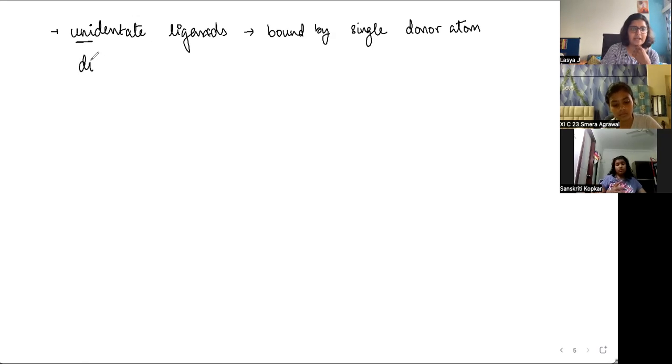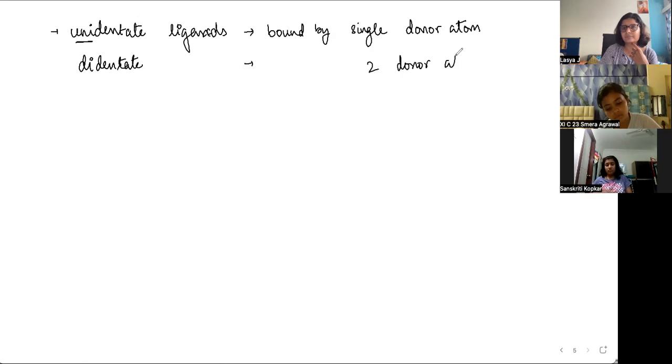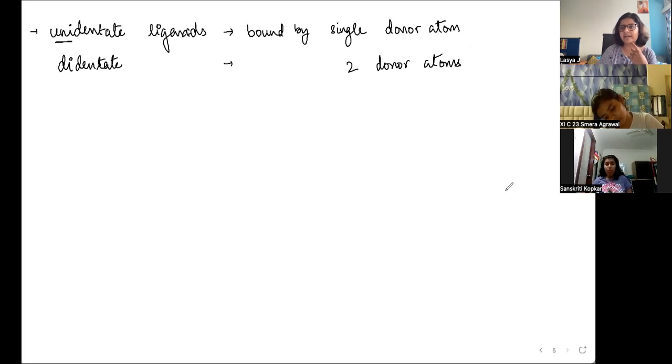Similarly, you have didentate ligands. Didentate is when it is bound by two donor atoms. An example of didentate is ethylene diamine, the bigger molecule that we saw.